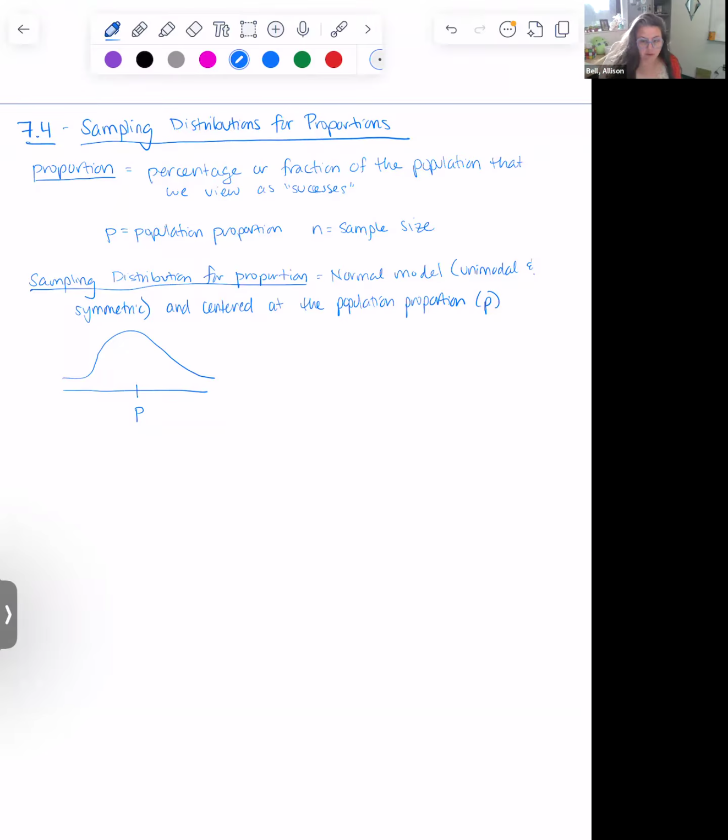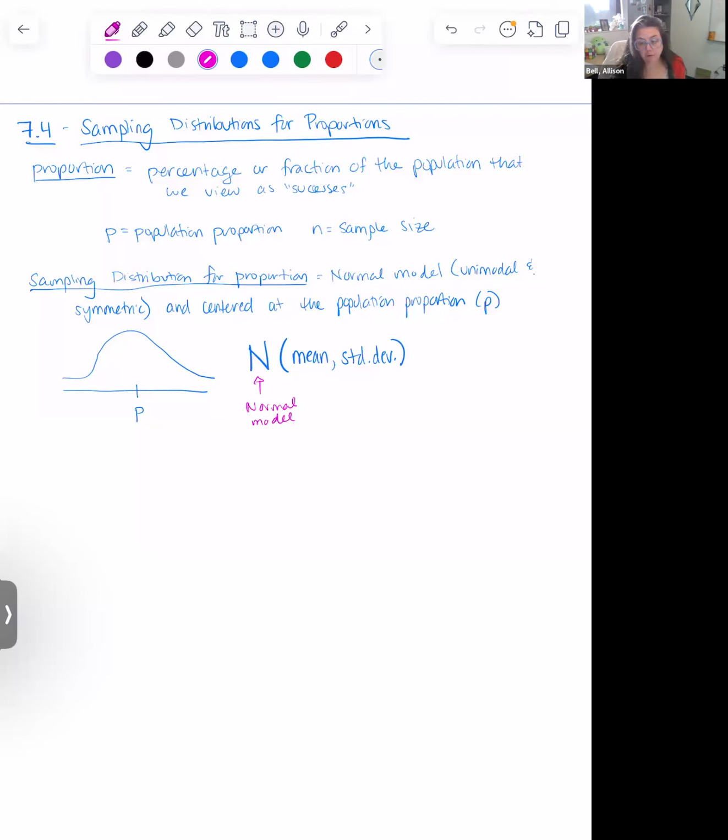The way that we described that in 7.3, we used capital letter N, and then the first value we stated was the mean, and the second value we put in the parentheses was the standard deviation. The capital N just means that this is a normal model.